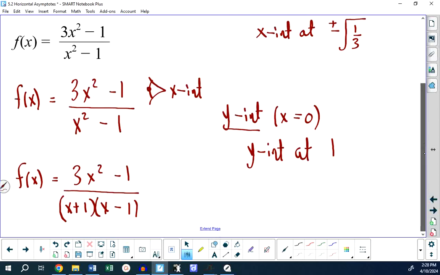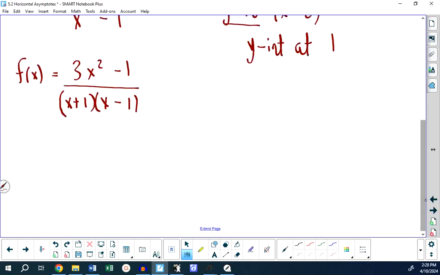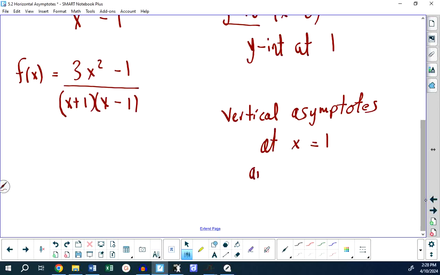And what that means is you have vertical asymptotes at x equals 1 and x equals negative 1. Now let's talk about the horizontal asymptote, which is new.